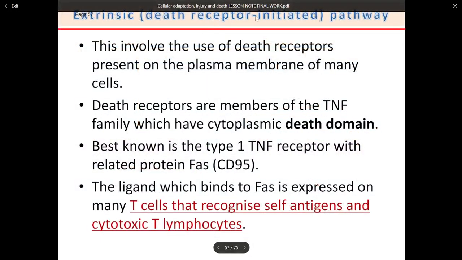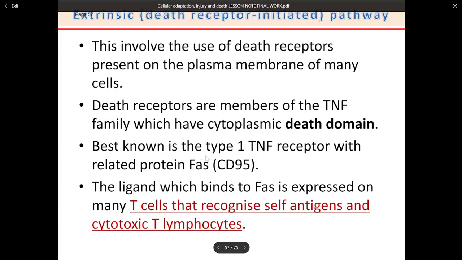So the extrinsic pathway, or the death receptor initiated pathway, involves the use of death receptors present on the plasma membrane of many cells. Death receptors are members of the TNF, tumor necrosis factor, family, which have a cytoplasmic death domain.